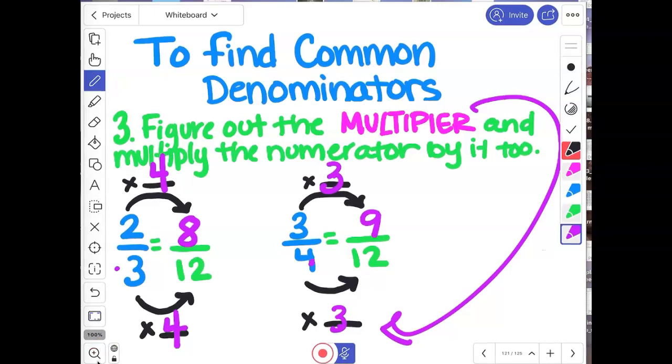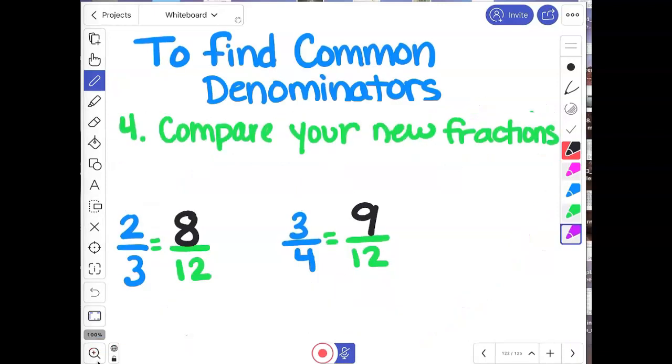That's not always the case. It just is in this problem. Okay, so now I have made my two fractions. Pause and copy that. So after I did it, I have two new fractions, 8/12 and 9/12, and I'm going to compare those.